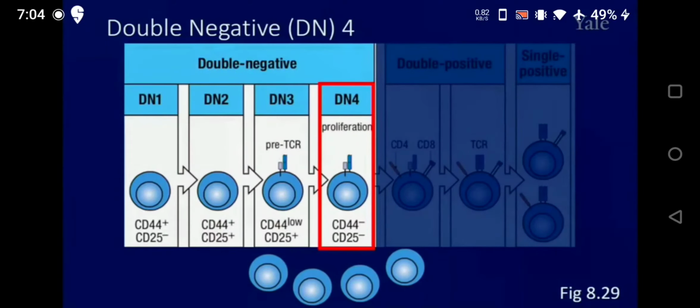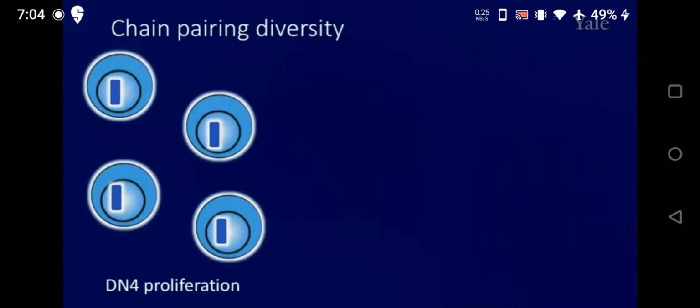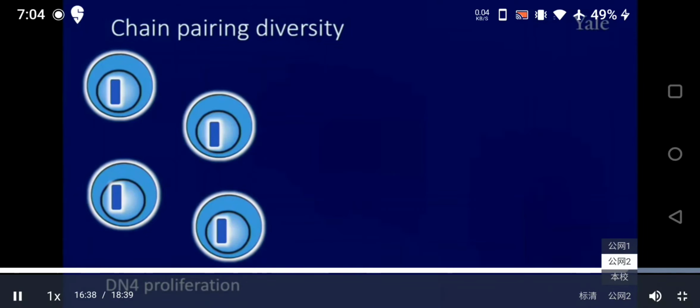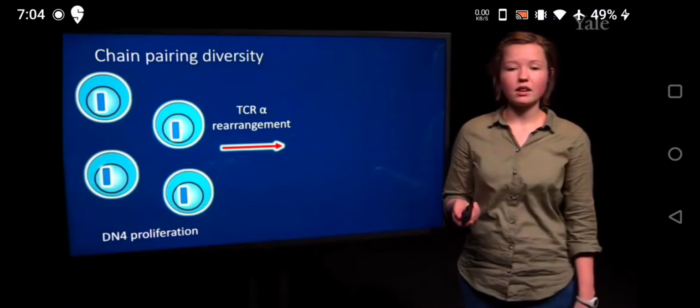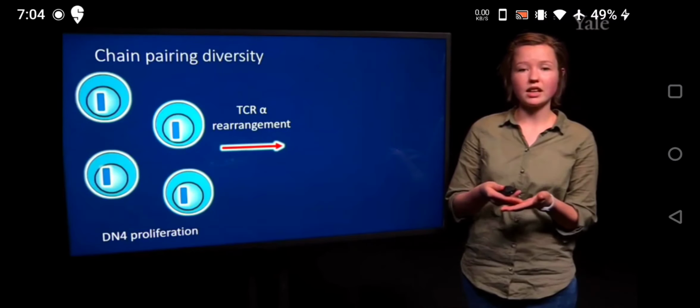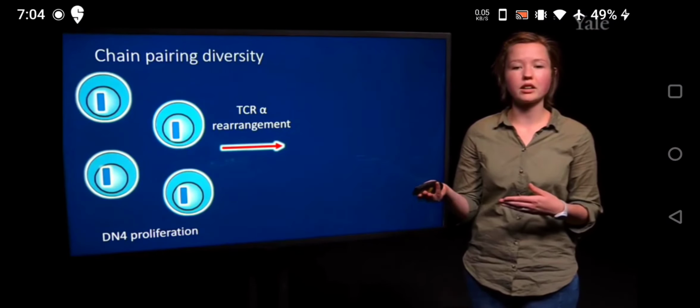Because it's signaling through the particular T cell receptor, this will also happen when a T cell recognizes its antigen. So it's very much mimicking antigen recognition with this pre-T cell receptor. Once again, because of this proliferation effect, we have the chain pairing diversity, in which we have many cells that have all undergone the same recombination event to result in beta chains that are the same, and then subsequently the TCR alpha rearrangement will occur.